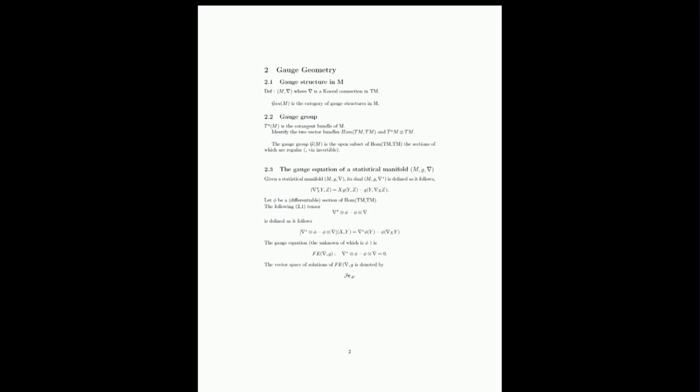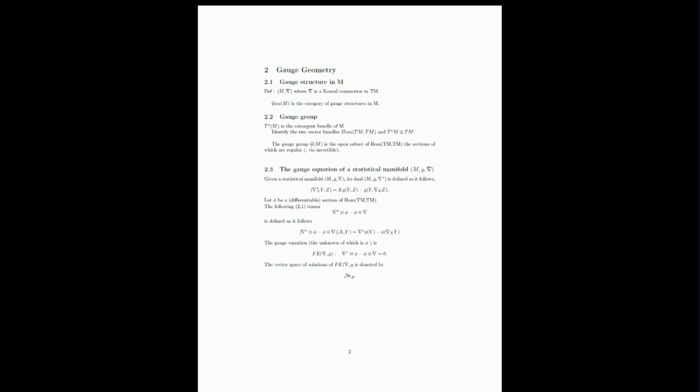And the Jet group is the open subset of the homomorphisms of the tangent bundle whose sections are invertible. The Jet group is not a group. It is a fibration whose fibers are Lie groups. That's the Jet group.